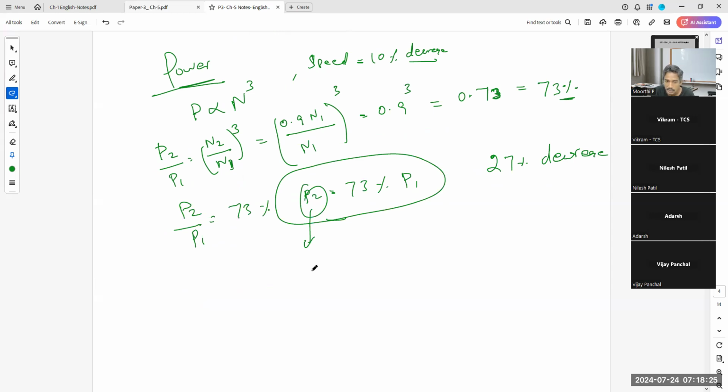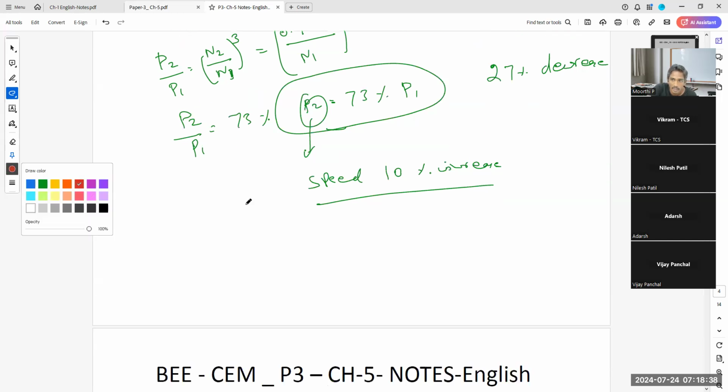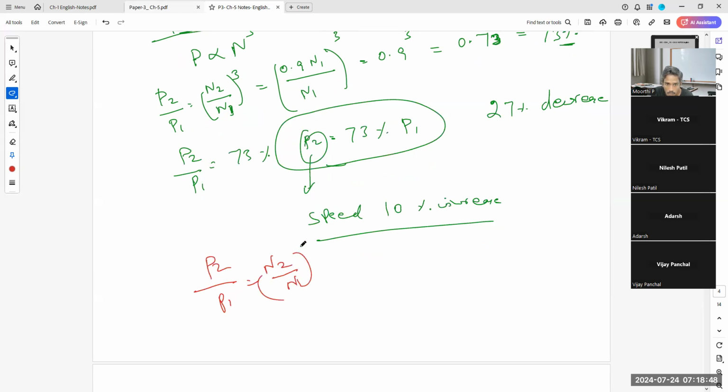Speed 10% increase. Okay, speed 10% increase. Tell me the value. Next one, formula quickly, any one person, Vikram or Nilesh, anyone? P2 by P1 is equal to N2 by N1 whole cube. P2 equal to P1 times N2 divided by N1 whole cube.